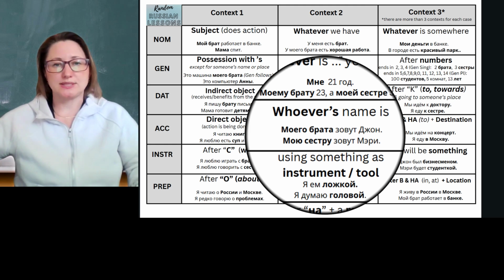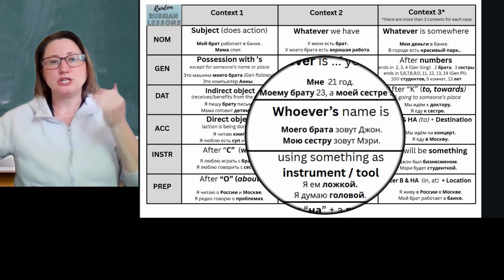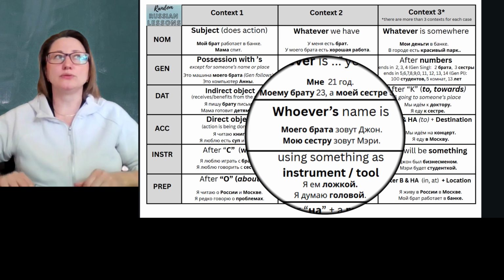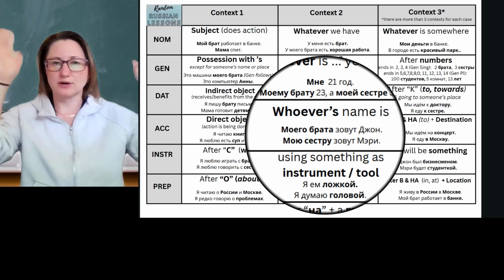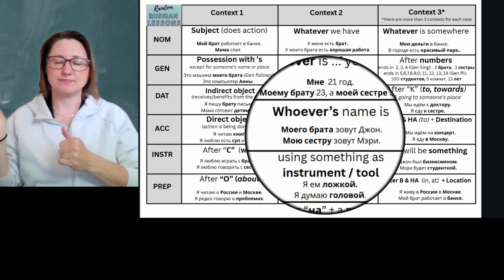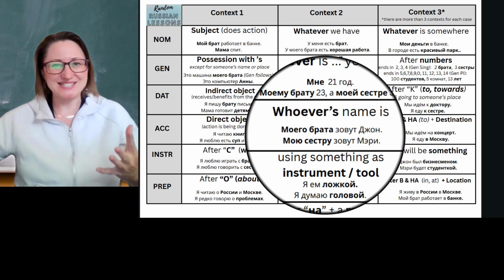So моего брата зовут John, my brother, мой брат changes to accusative, моего брата. Моя сестра changes to accusative, мою сестру. And then зовут doesn't change because it's always they, whoever, people, they call my brother John, they call my sister Mary. So one of the first phrases you learn, and there's already a trick with the grammar there.